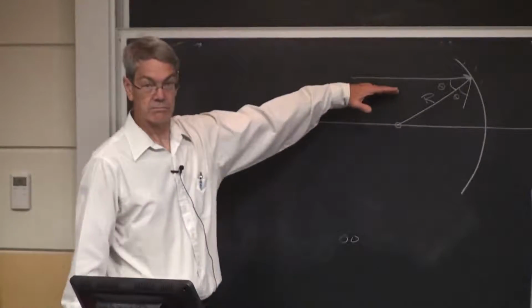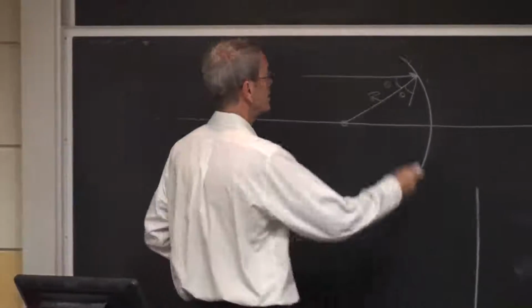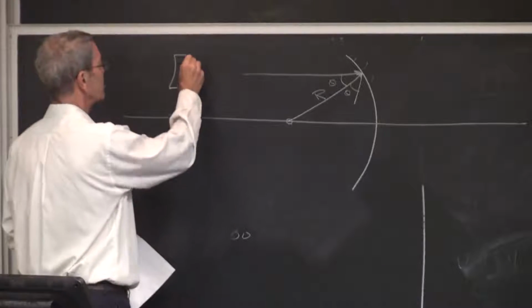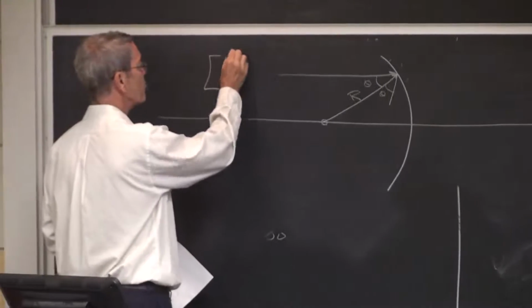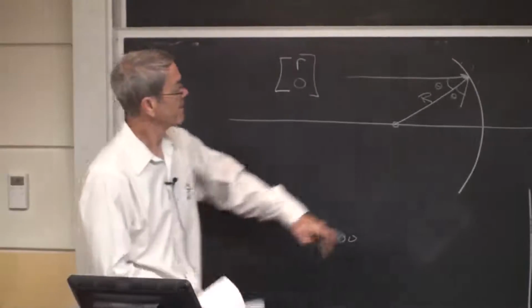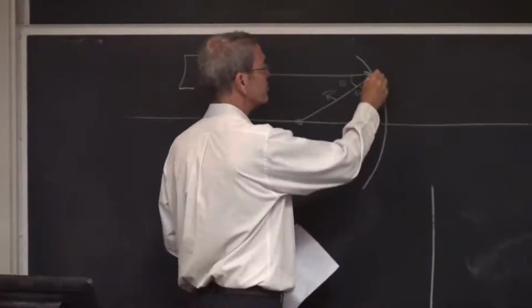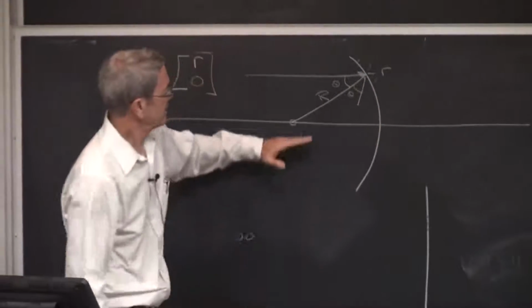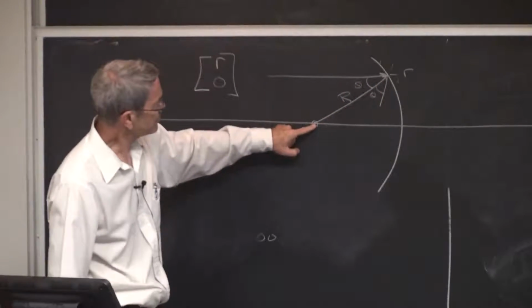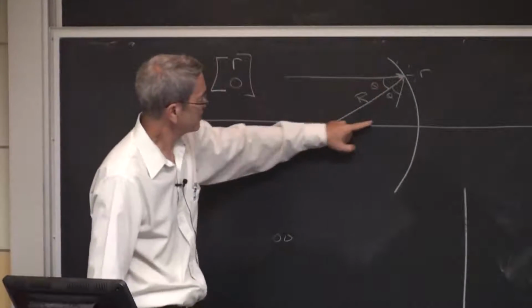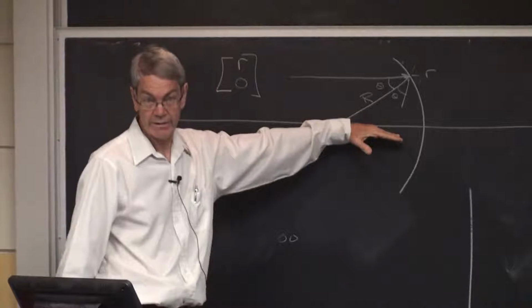So what's this angle? If I've got a ray coming in with a height r and a slope of 0, it's hitting the mirror at a position r, and this normal is a distance R away.